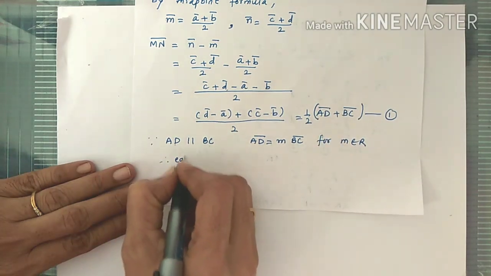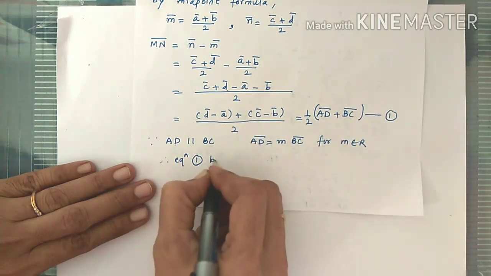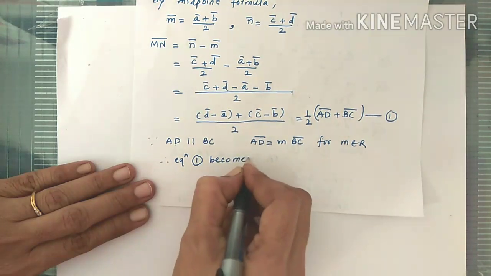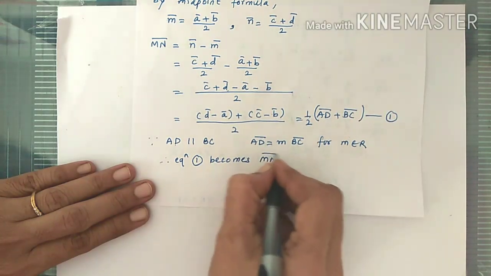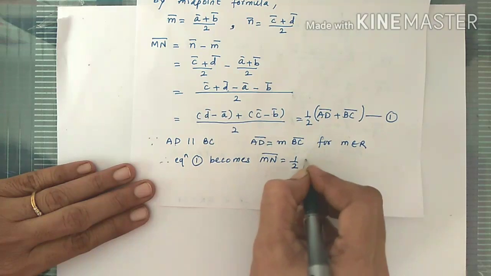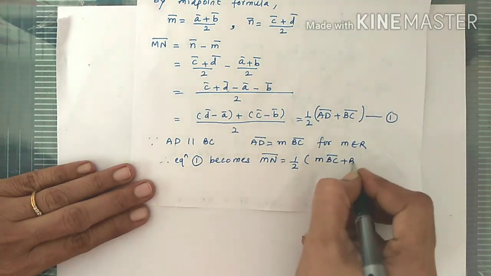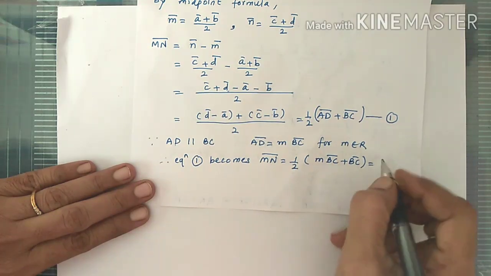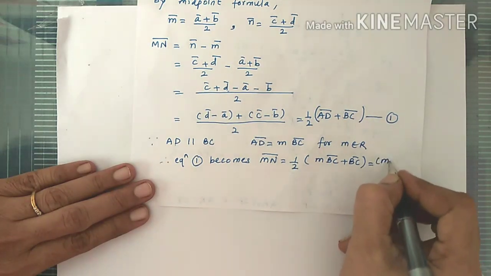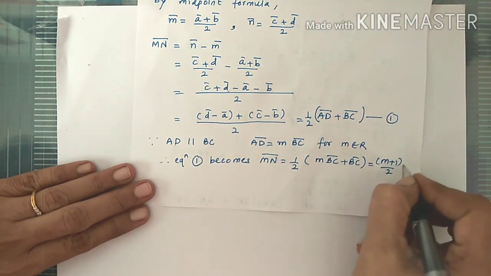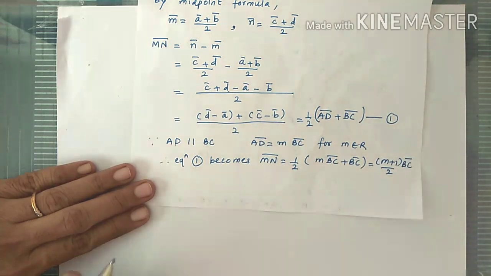So, equation 1 becomes MN bar equal to half AD bar, which is now m BC bar plus BC bar, and taking BC bar common, we have m plus 1 upon 2 BC bar.